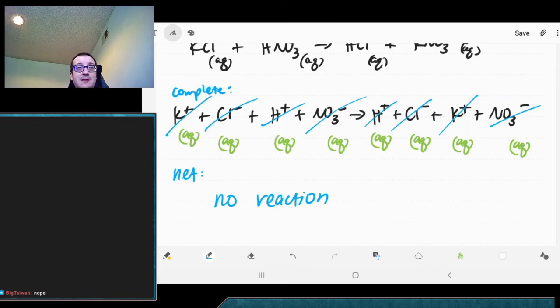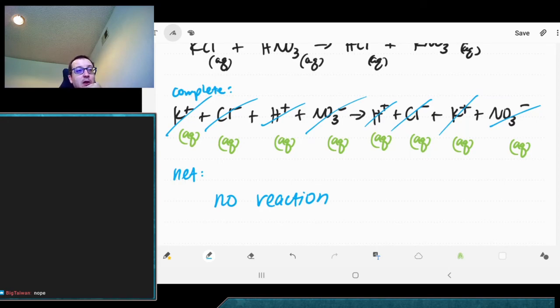So we see that this actually has no reaction that takes place overall. And so if we were to do this, we would not expect to see any evidence of reaction either. We're mixing two things together, nothing happens. We wouldn't see any evidence. There's no precipitates, there's no bubbles, there's no color changes, nothing. Everything cancels out. So as a result, we have no reaction taking place here.